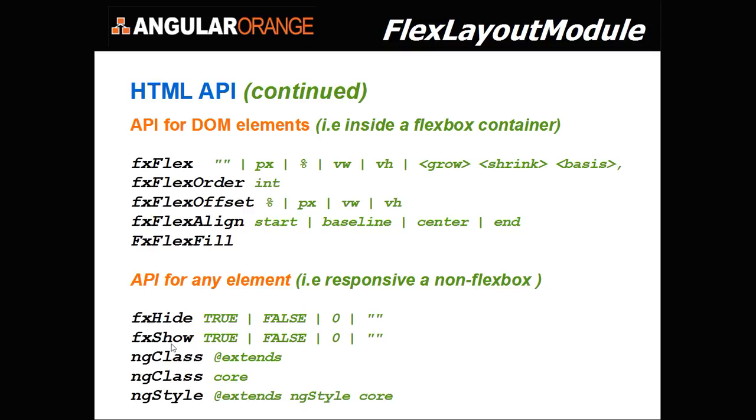So the bottom line is with FlexLayout, you could pretty much use these directives. So you could hide and show, and then you could apply classes for a certain size device, let's say, and styles as well. So what you're doing with some of these things here is you're basically saying, oh, on an iPad Pro, I want to hide this.